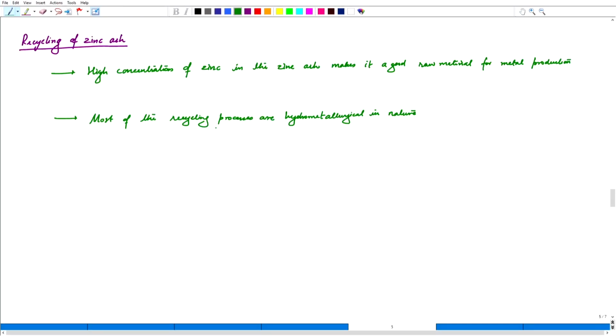And of course, most of the recycling processes are hydrometallurgical in route, and we are talking of hot dip galvanization zinc ash.